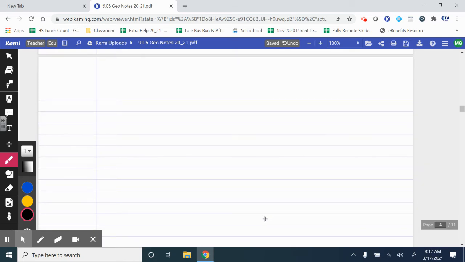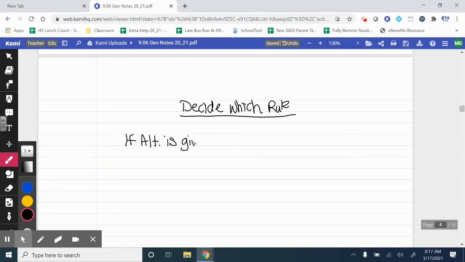All right, so now I want you to decide between the two rules. So decide which rule. So you're going to use PAP if the altitude is labeled. So if it is given or you're looking for it. Use PAP.